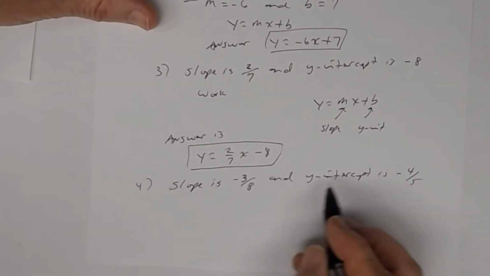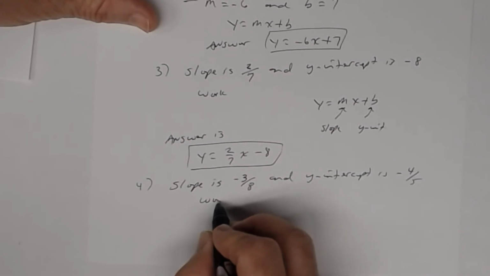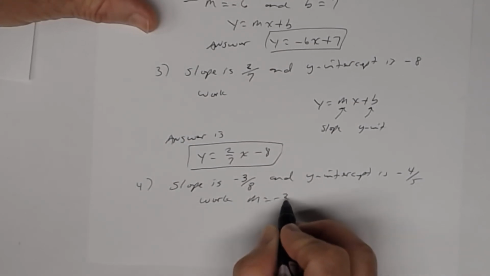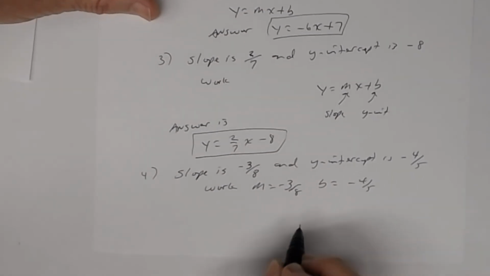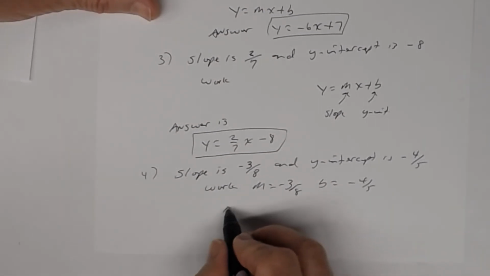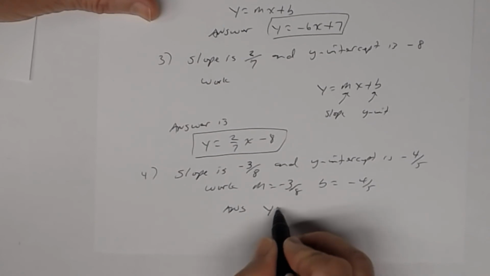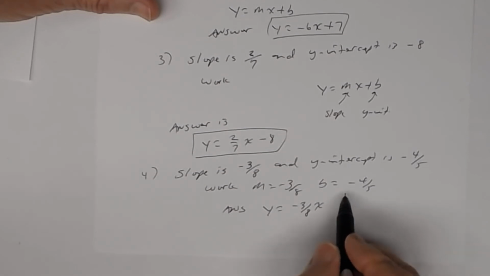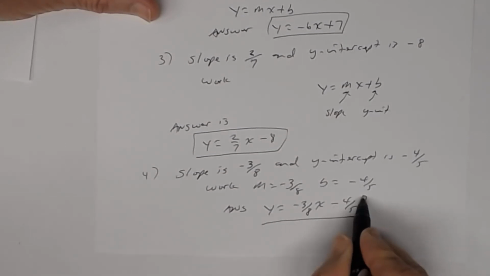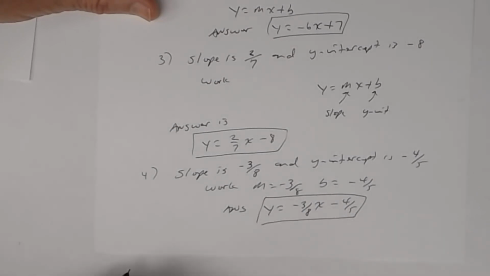You're told m is -3/8 and b is -4/5, so it's just a matter of substituting into the formula. The answer is y equals -3/8 x, slope times x, plus b, which is -4/5. Write it as minus 4/5, and there's your answer.